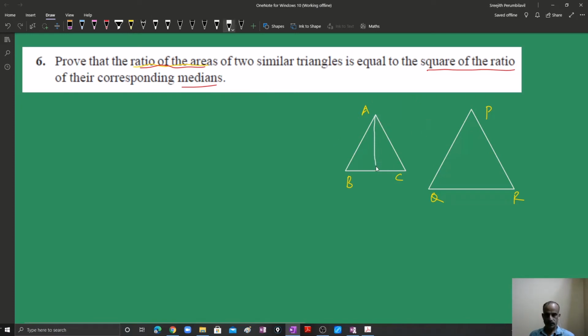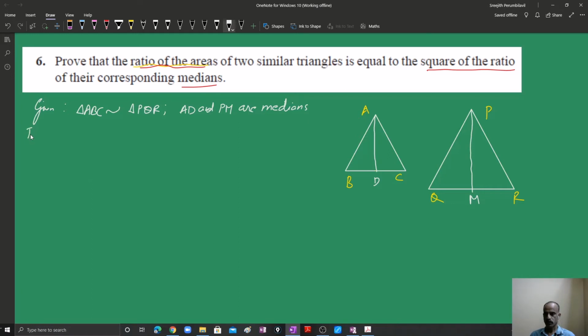Let AD and PM be the medians. So given: triangle ABC is similar to triangle PQR, and AD and PM are medians. So this is what is given.